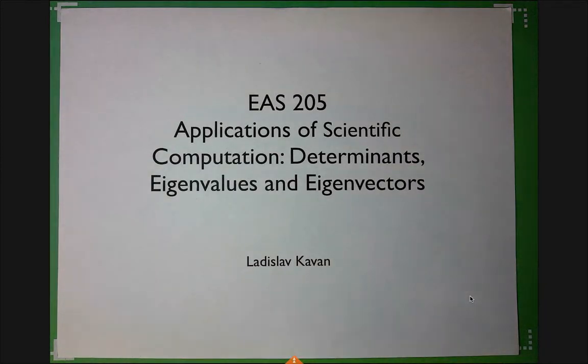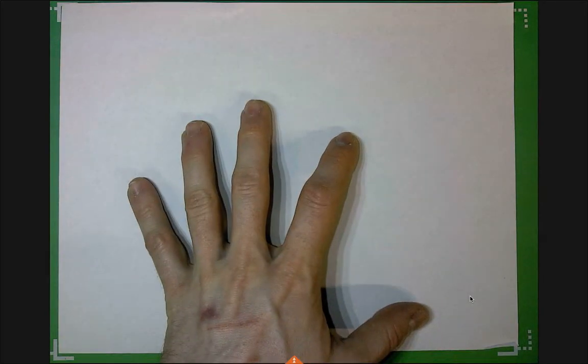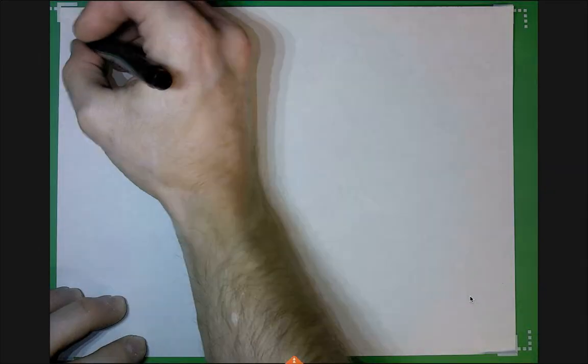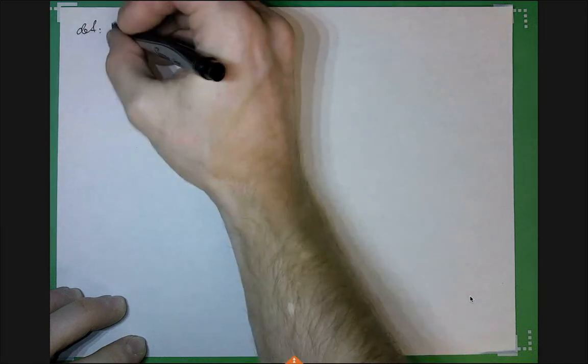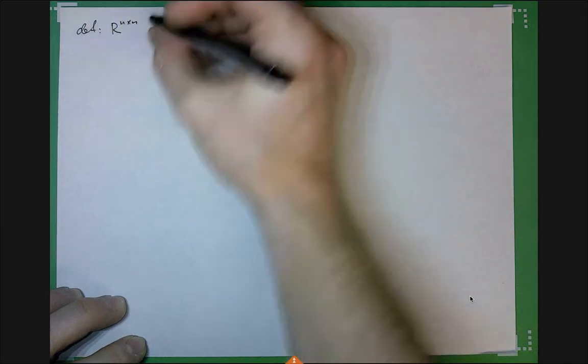So let's start today by understanding the determinant a little bit. I will first try to explain it informally, just on paper. So what is a determinant? The determinant is a function that assigns a number to a matrix.